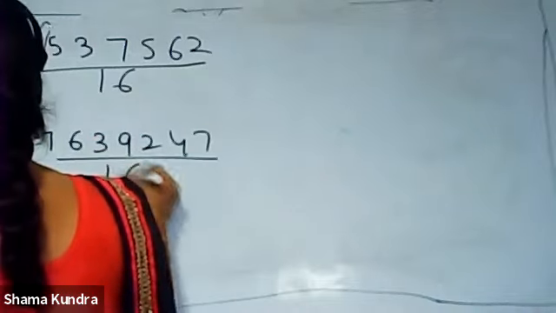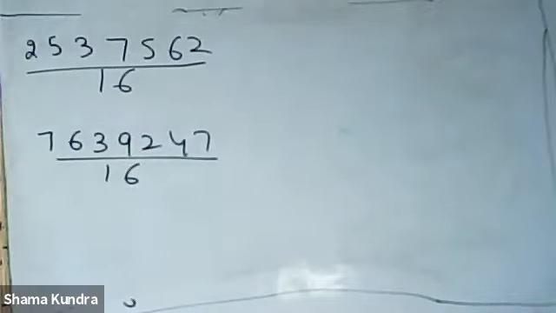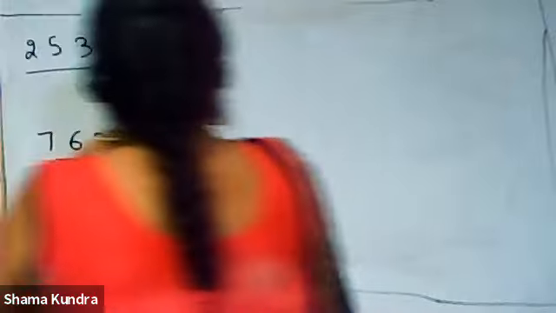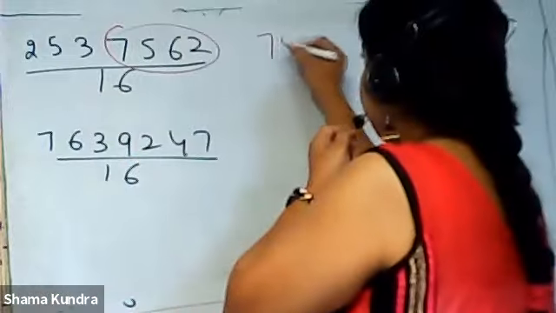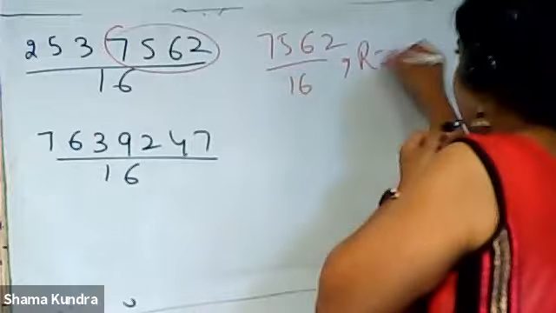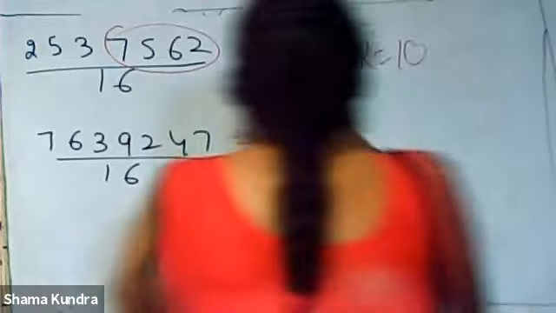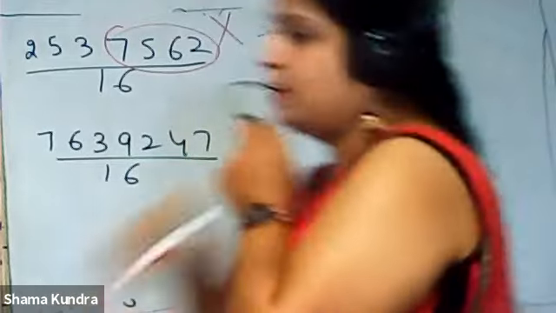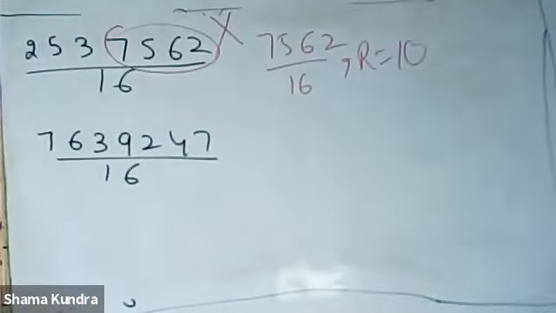In the first case, I have to divide the last four digits by 16. When you divide 7562 by 16, I get remainder 10, which is not 0. So the given number is not divisible by 16, as the remainder is not 0.